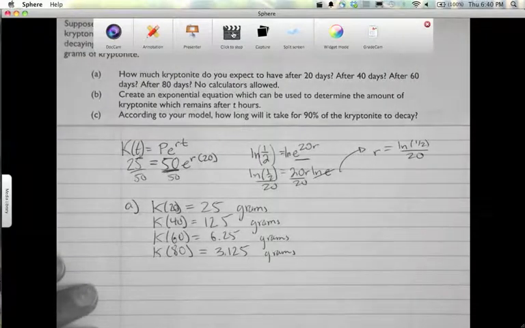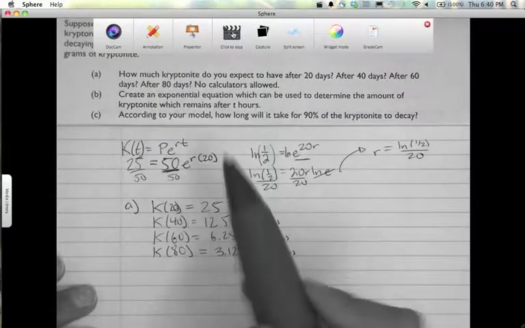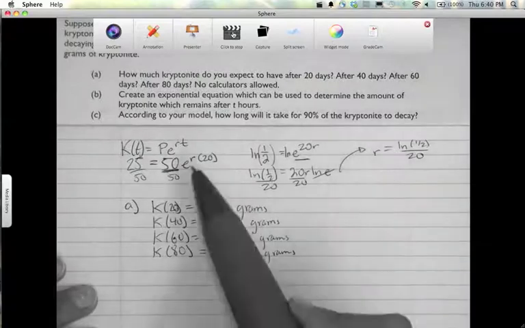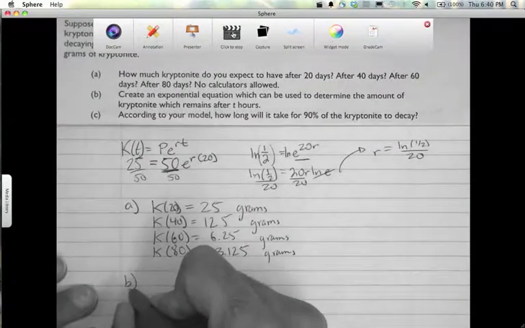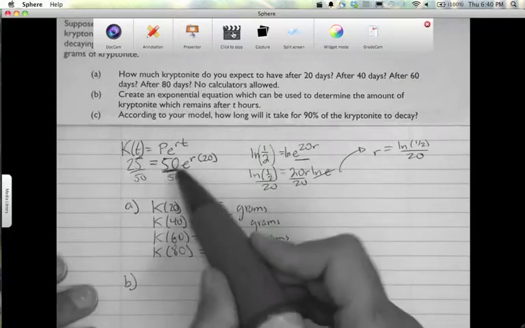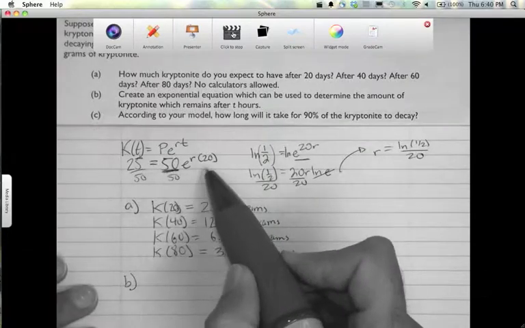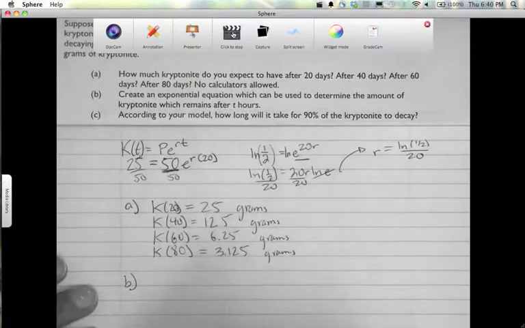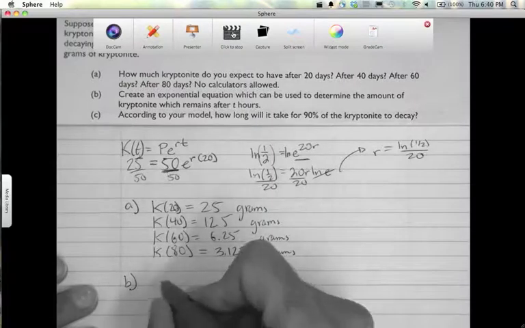I actually already began doing the work for B, creating the exponential equation. I've got almost all of my pieces right here. I had 50e to the rt, and now I can replace that r with the rate.